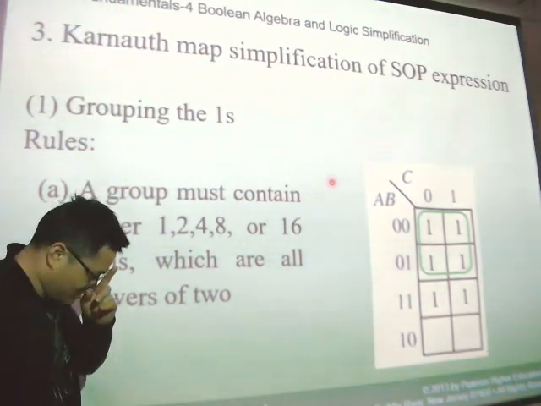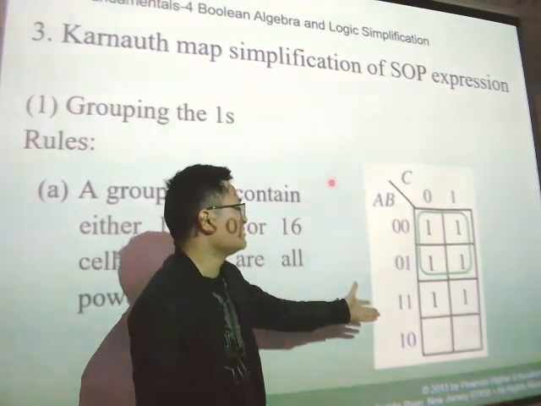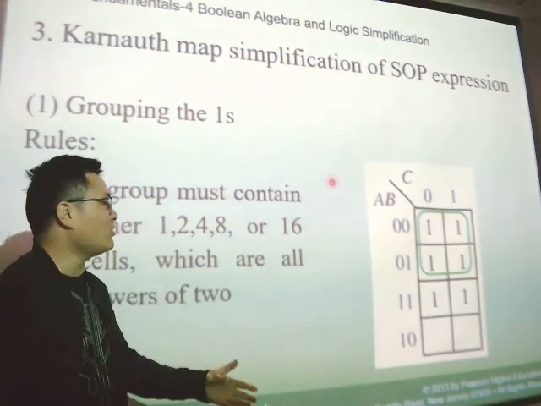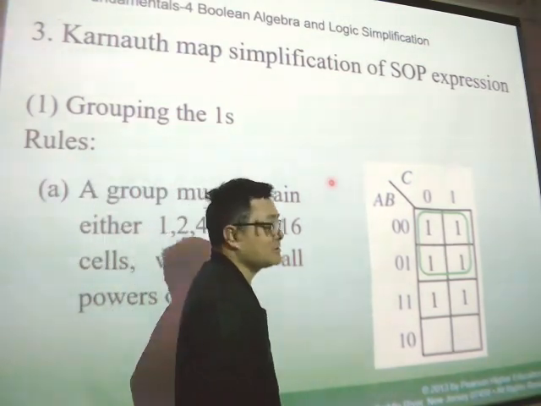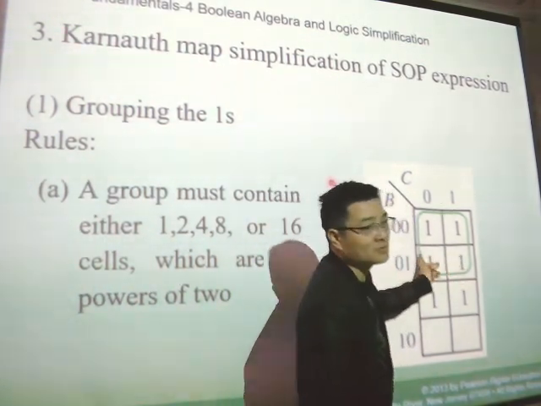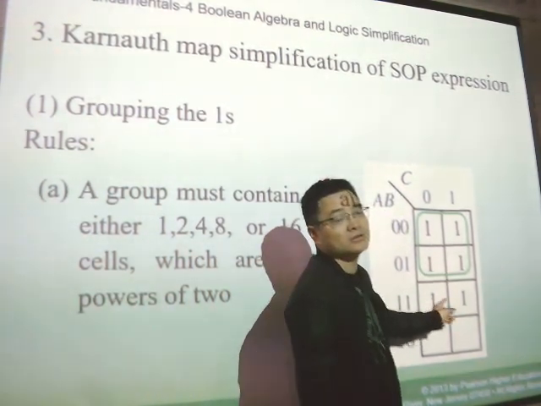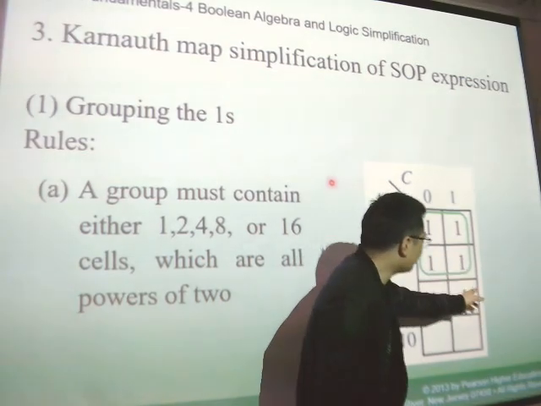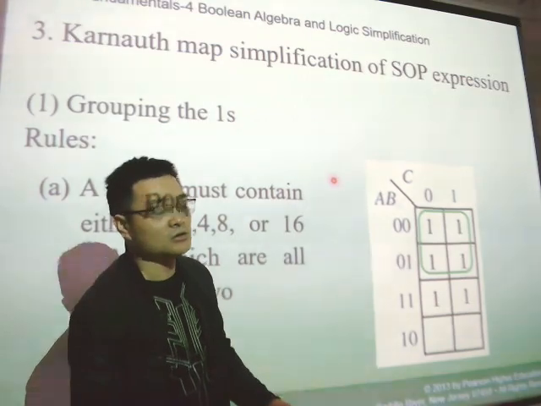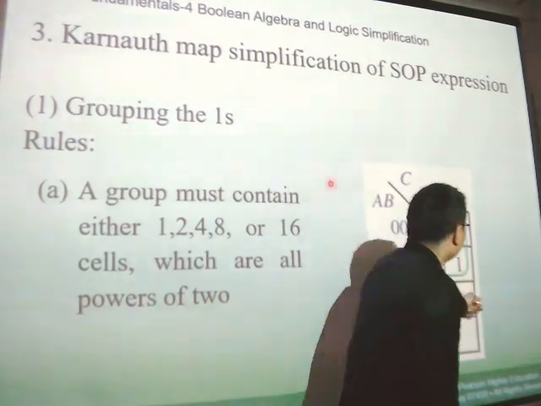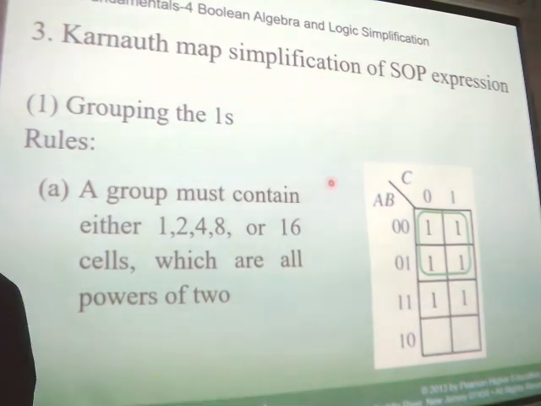And these two ones can also be divided into 1 group. But we know that these two ones are nearby to these two ones. So the 4 cells are adjacent to each other, so we can use a group to contain these 4 ones.